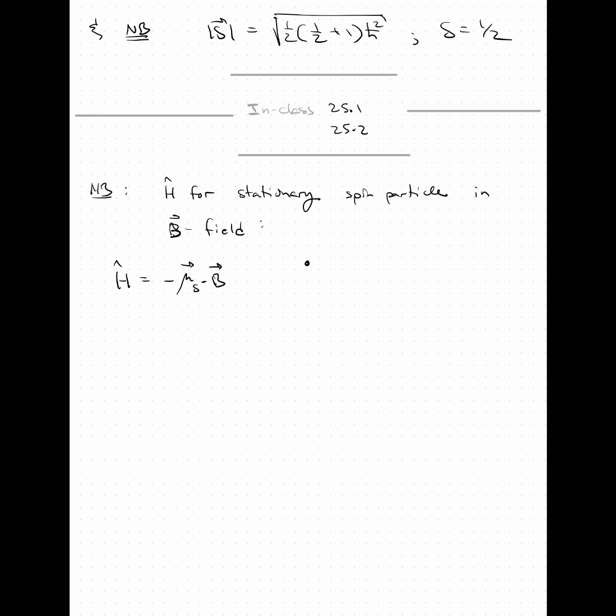It's minus mu sub s dot B, where the sub s is for the spin as opposed to the angular momentum. So we have some charge, in this case, some spin particle with s, and in a field you can consider the B component being along z hat.